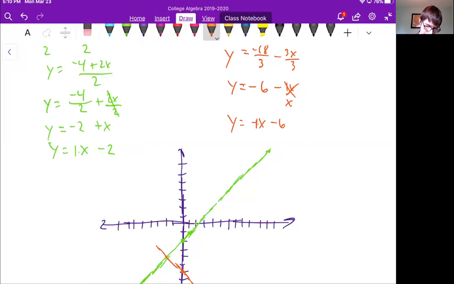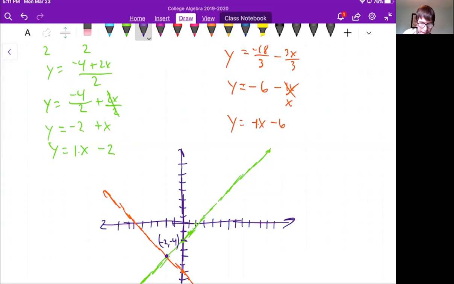And you can see we have that nice intersection right down in that third quadrant. So that's quadrant number 3. If we find that, let's see, negative 1, negative 2, negative 1, 2, 3, 4. So this gives us the point negative 2, negative 4.